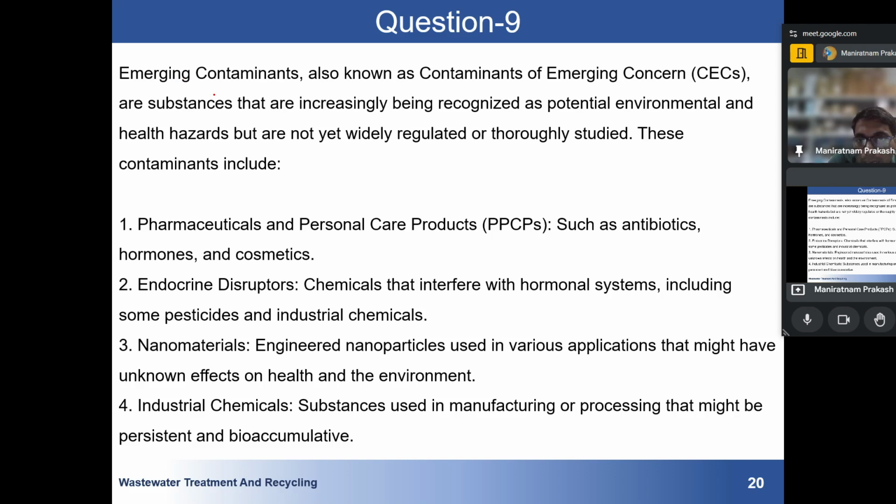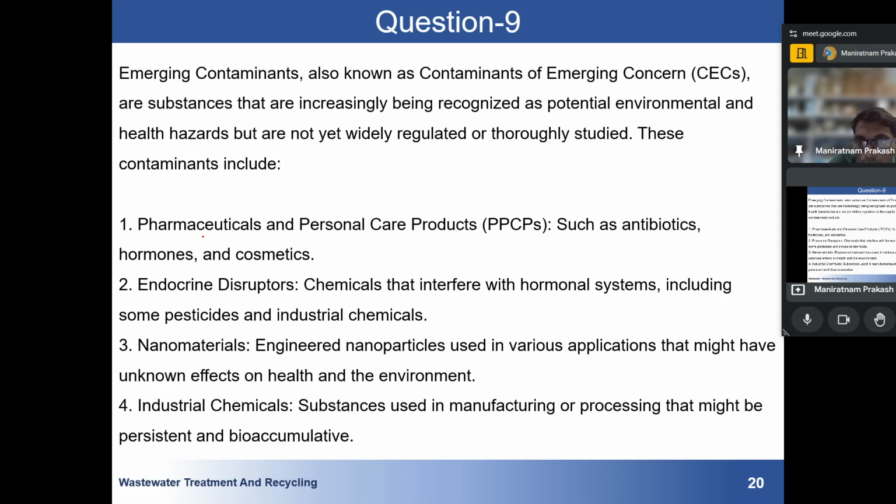Emerging contaminants, also known as contaminants of emerging concern, are substances that are increasingly being recognized as a potential environmental and health hazard. Obviously these are health hazards, but they are not widely regulated through study.